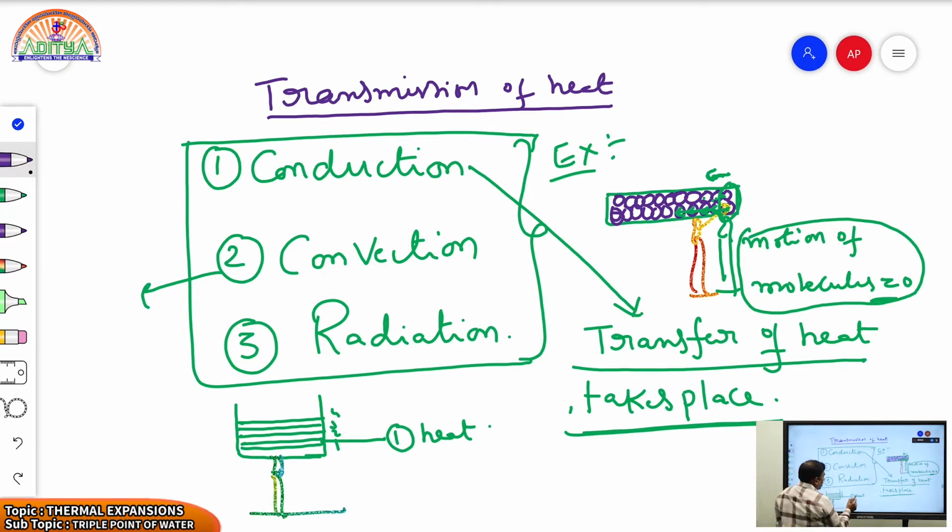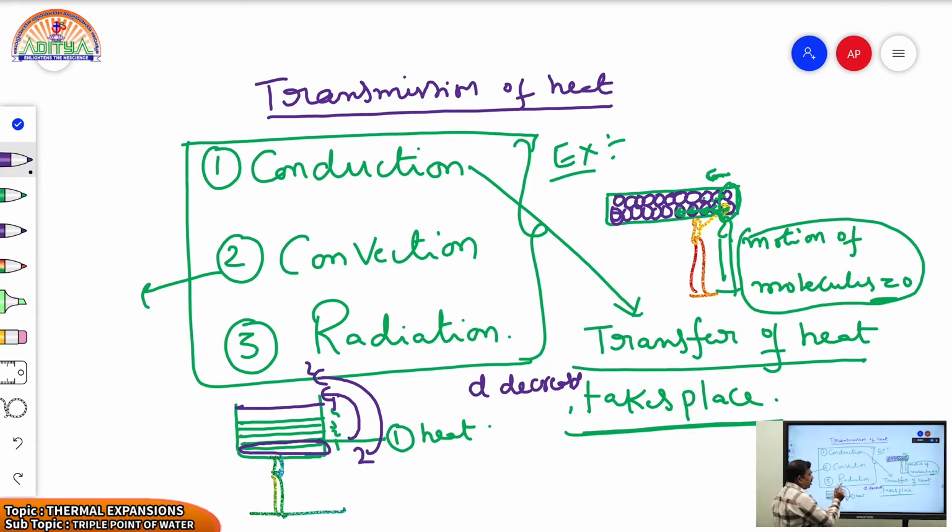Now this layer, after getting its heat capacity, its density decreases. As a result, this layer flows to the top. Now the space vacated by this layer is occupied by the second layer. After some time, the second layer also gets the heat quantity and its density decreases, it moves to the top.